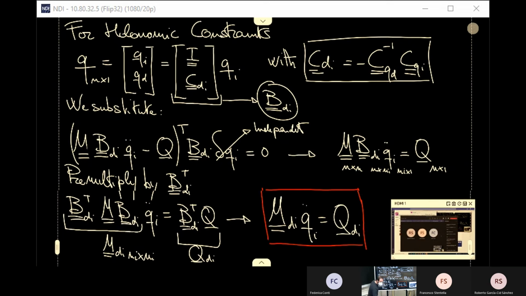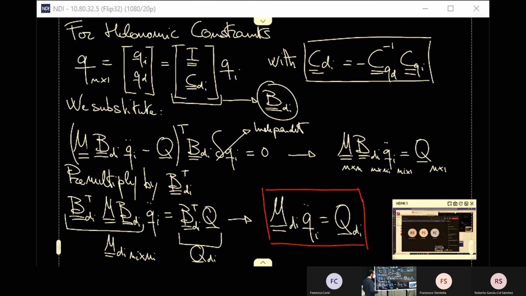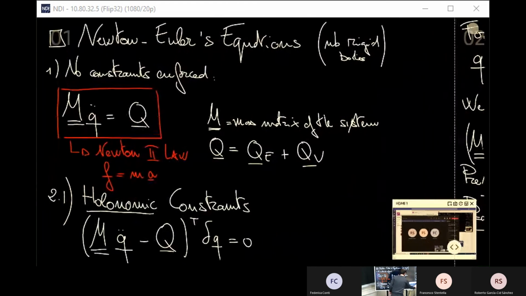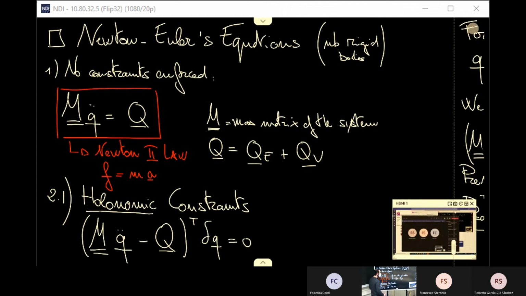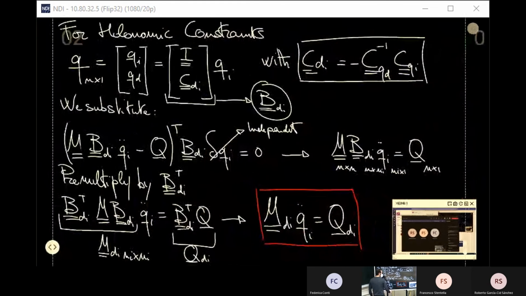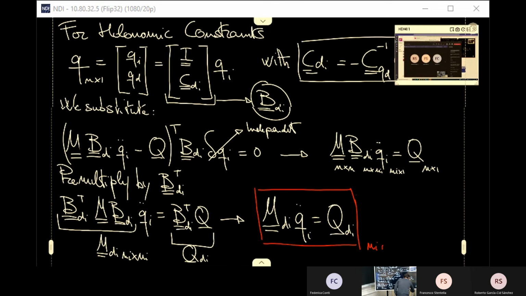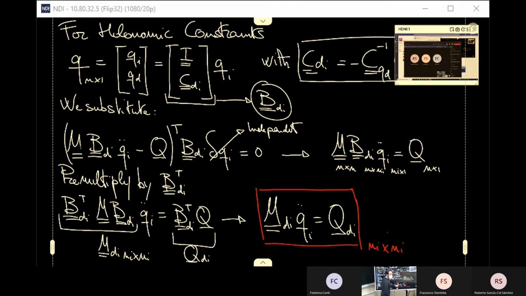So this is formally basically identical to what we have seen before, but please, you have to take into account that while the dimension of this one here, this one that we have already seen, is an n times n, so let's write it, n times n. Here in the other case, we are with an equation which is Ni times Ni, at least for the mass matrix.